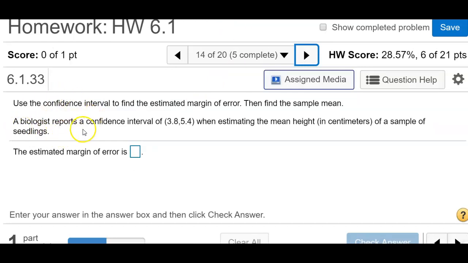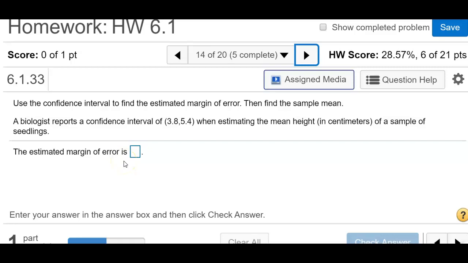A biologist reports a confidence interval of 3.8 and 5.4. When estimating the mean height in centimeters of a sample seedling, they're asking us to estimate the margin of error.